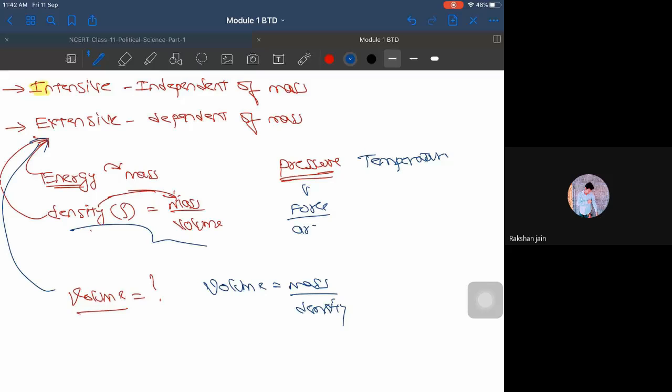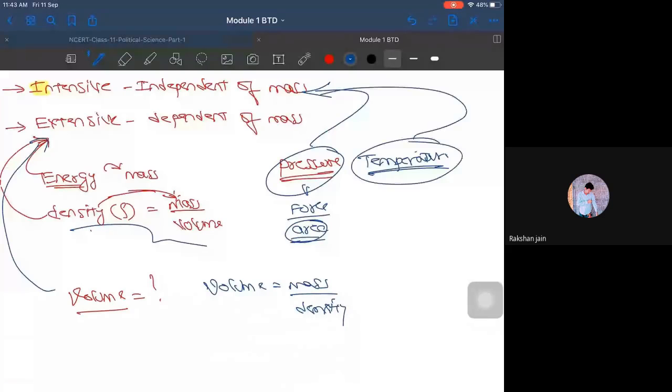So it is more often related to area rather than the mass of it. It is never conveyed what kind of material you are using, yes or no? So definitely the pressure will also be intensive in nature because it is totally independent of its mass. Whereas the temperature, is it dependent on mass? No. So temperature is also an intensive parameter, totally independent of the mass content of the body.